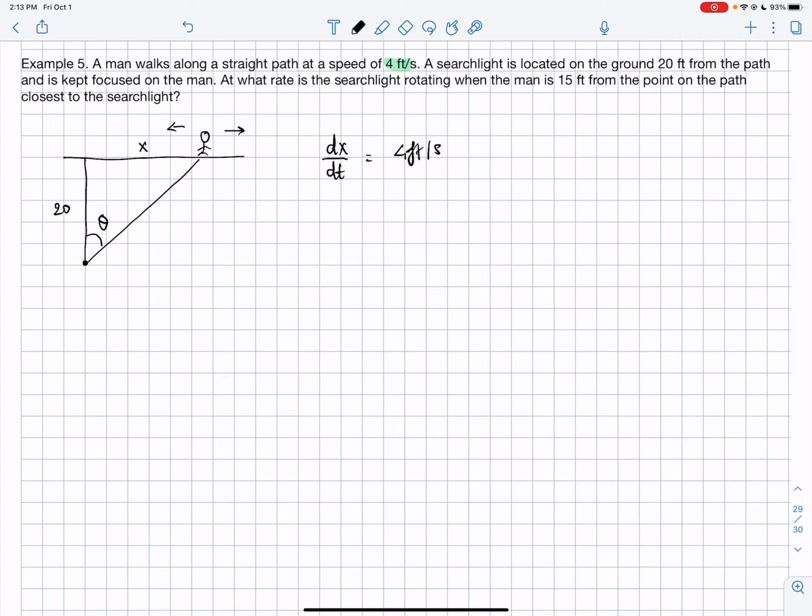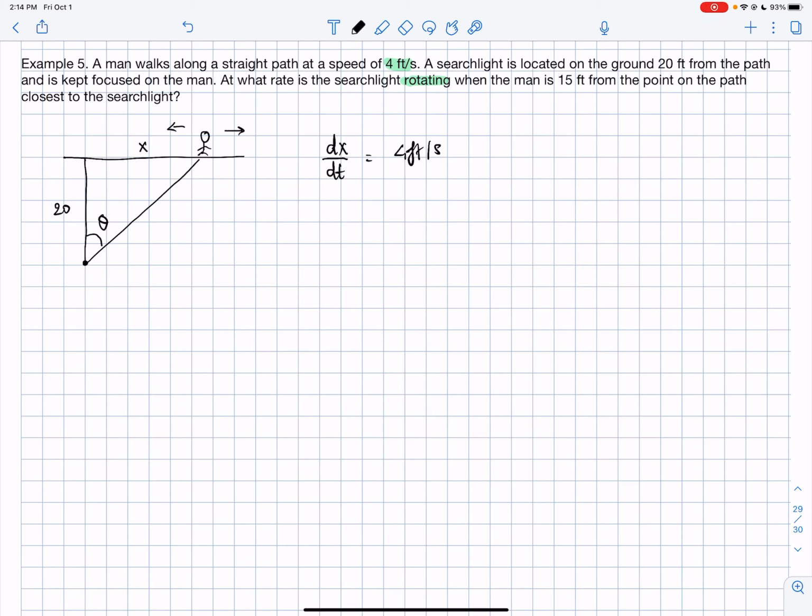And the question asks us at what rate the searchlight is rotating when the man is 15 feet from the point on the path closest to the searchlight.